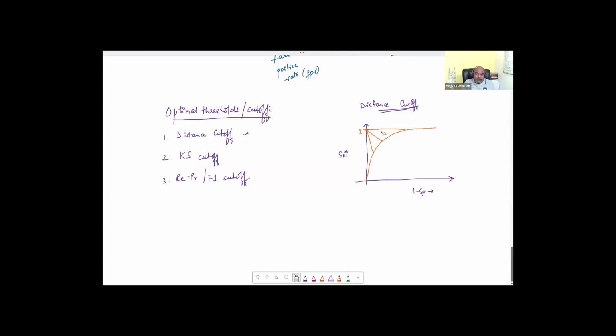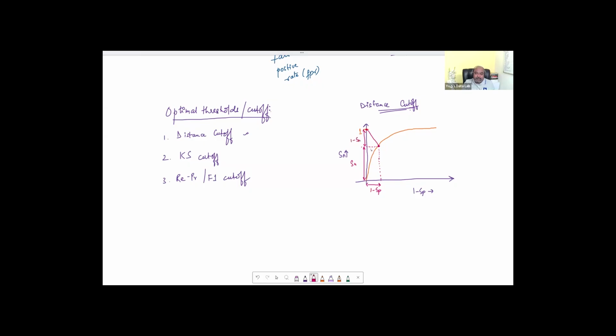But the first thing is I need to calculate this distance. So how do we calculate it? Let us say I want to calculate the distance of this point from this point. Let's project it downwards. This distance is 1 minus Sp. This other distance is Sn, so the remaining distance will be 1 minus Sn.